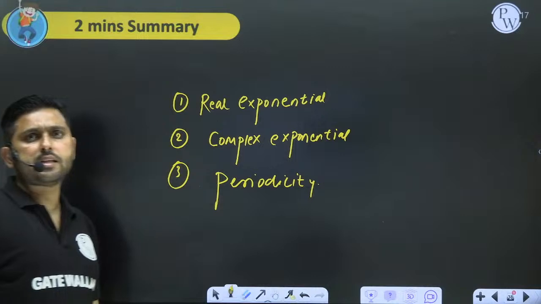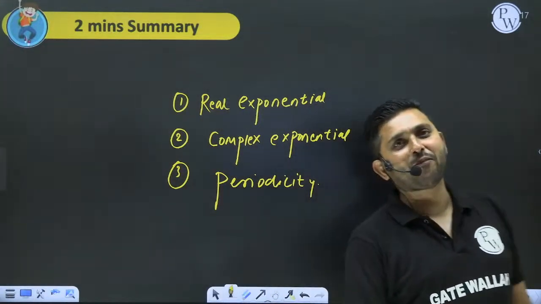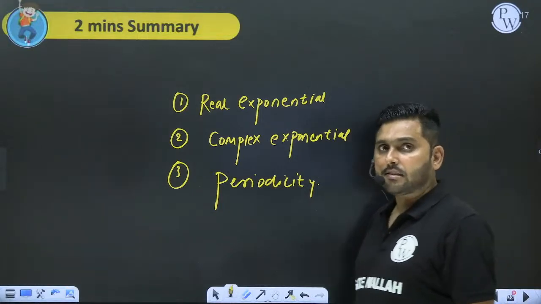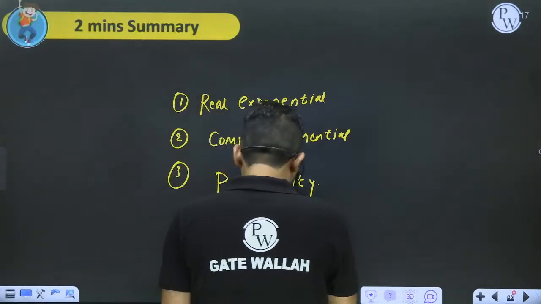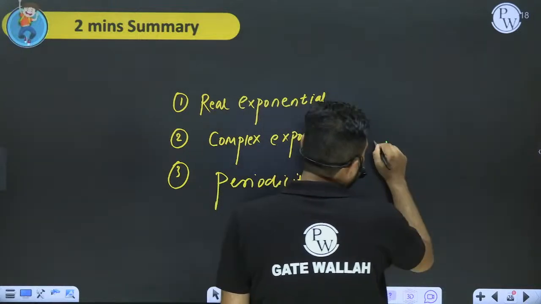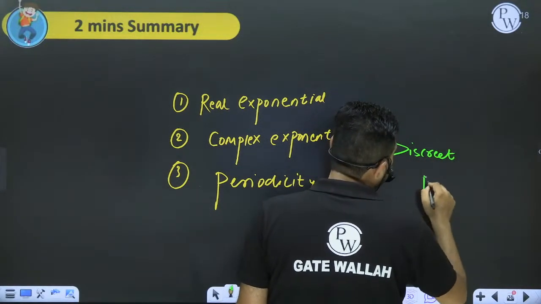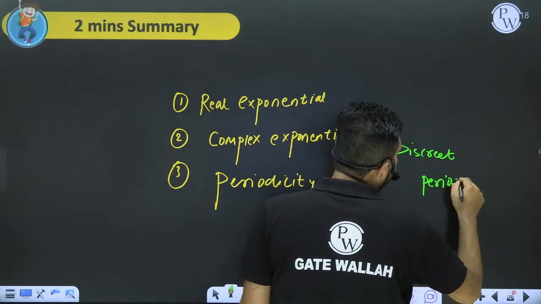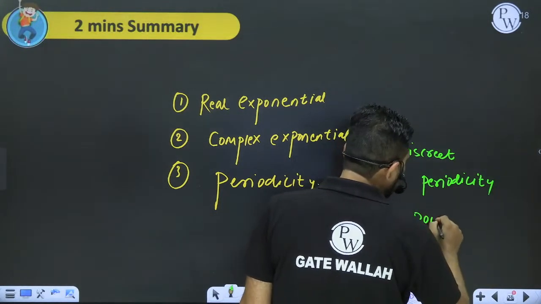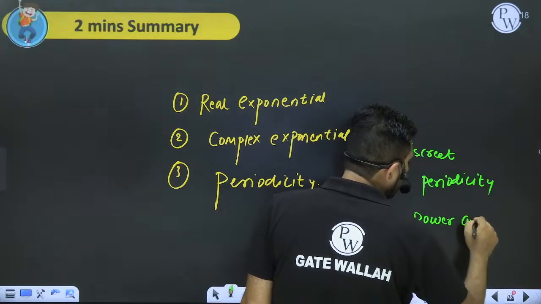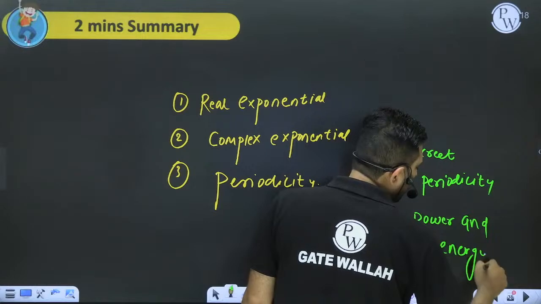So these are the three things that we have covered in today's class. Next class will be discrete periodicity, and we will cover the power and energy signal also, if time permits.